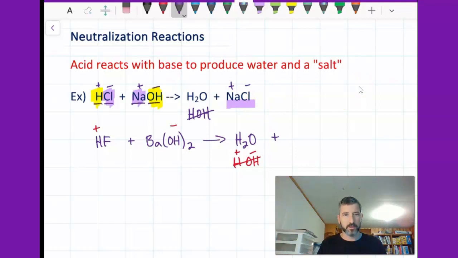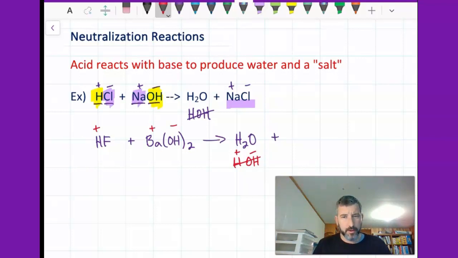So what will that salt be in the case of this reaction? What is the other positive ion on the left side of the equation other than hydrogen? There should be another positive, right? So you should have said that barium is the positive ion.